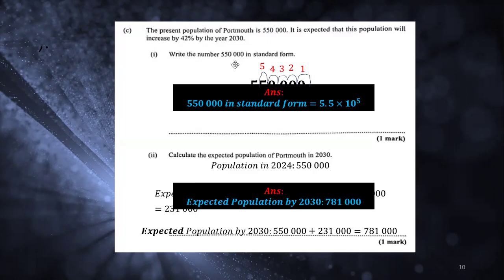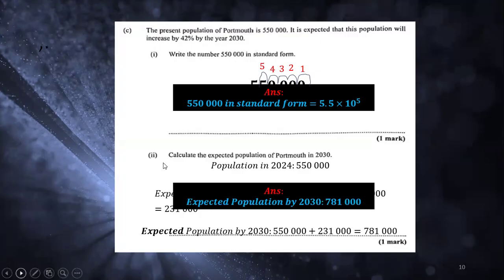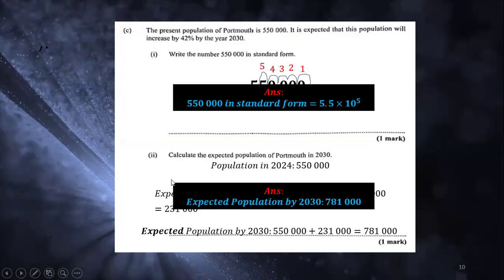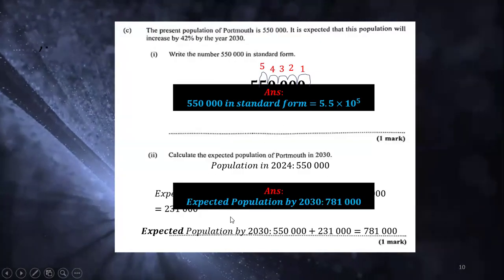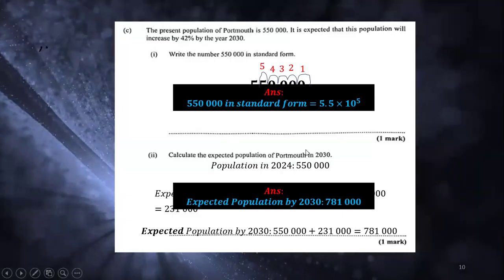Those of you who are looking at careers in demographics and stuff like that, you may want to take note of this type of calculation, right? And also that can come in something like the paper 3. It would just be more involved. And this is actually a great SBA topic as well. Something interesting that you could do.